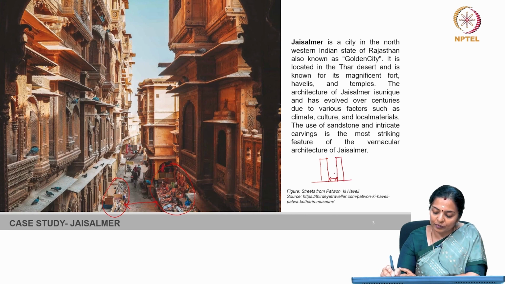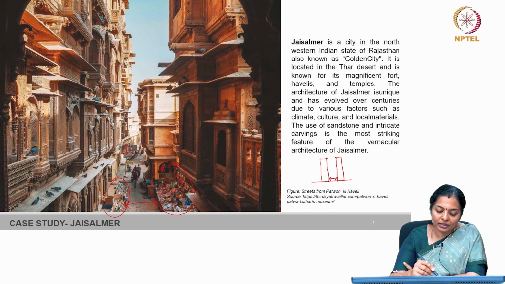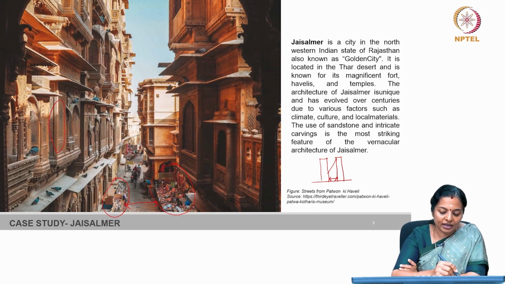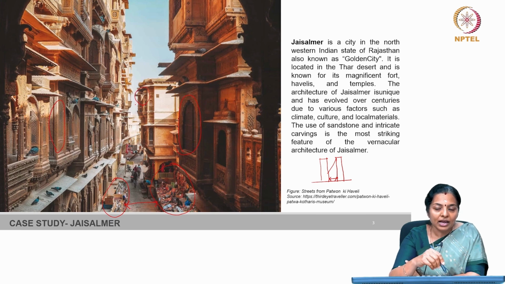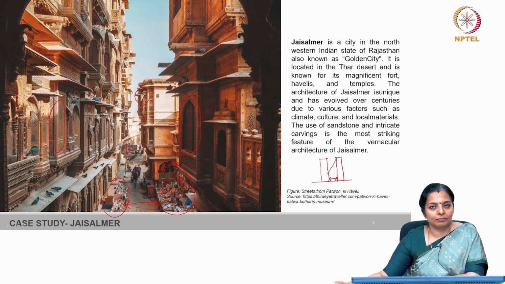So, this is very narrow. The streets are very narrow and therefore, the streets are primarily shaded most of the times of the day. And you can also see the intricate jali work everywhere and intricate carvings and jali work. You can see the carvings here. And this makes the architecture of Jaisalmer very unique.